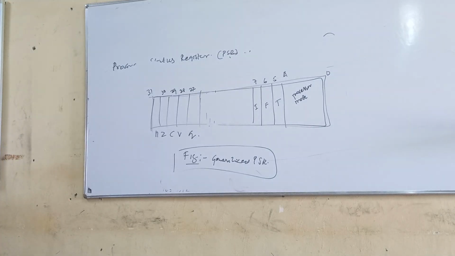How many fields do we have here? 4 fields. One is the control, flags, status, and the extension.